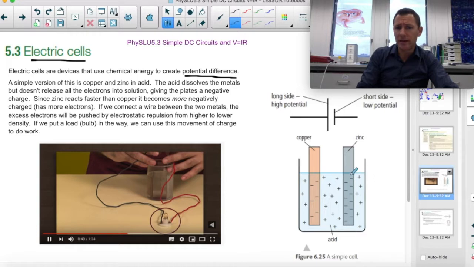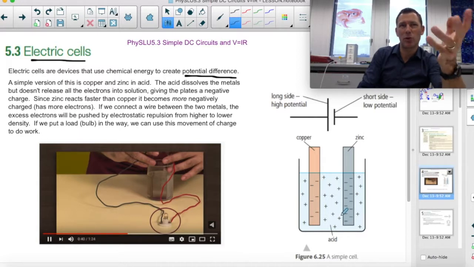And when you put them in an acid bath, the acid dissolves the copper and the zinc, but because one is softer than the other, it dissolves the zinc a little faster, which leaves it with more negative charge because it doesn't pull all the electrons off with it as it dissolves. So it leaves some electrons behind as it dissolves.